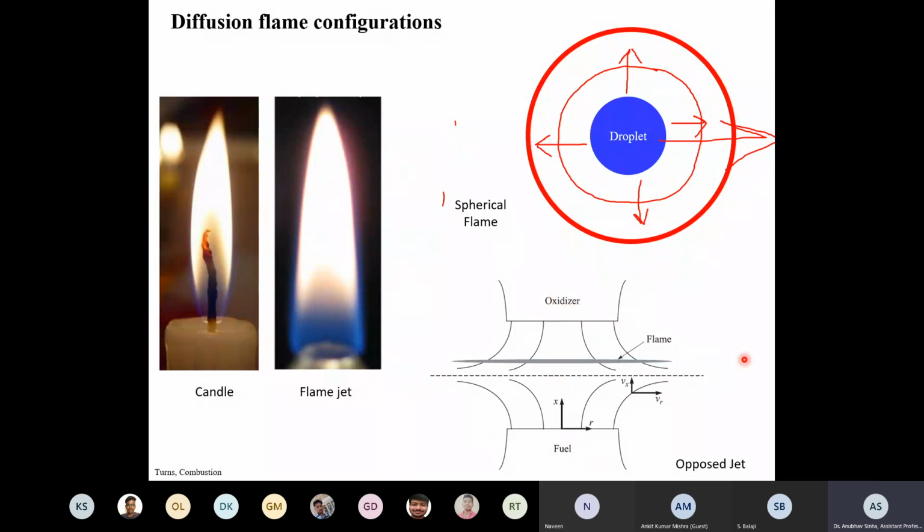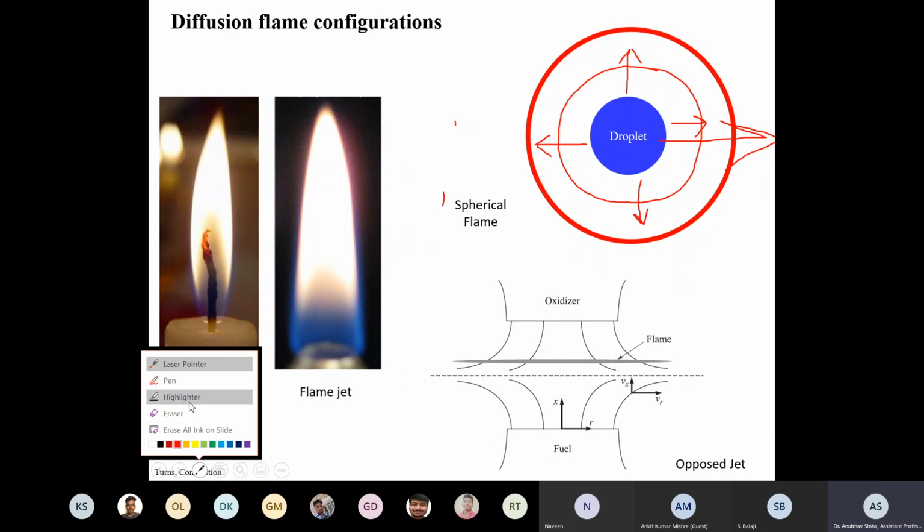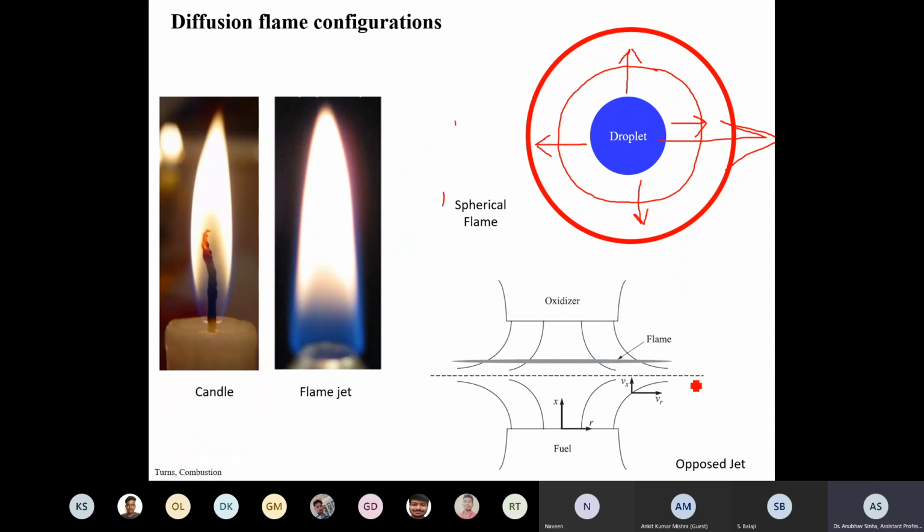It will get distributed. Let me draw. Let us say this dotted line is a wall. This is actually a stagnation plane, but let us assume that this is a wall. Whatever flow is coming will hit and go in that direction.